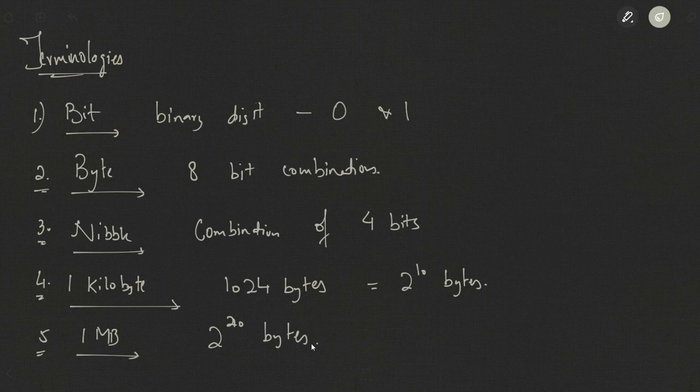Simply talking about first the bit. Bit can simply be either 0 or 1. This is a simple binary digit. Now a byte, a combination of 8 bits, a string of 8 bits.